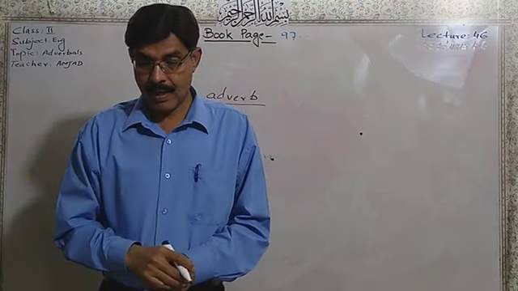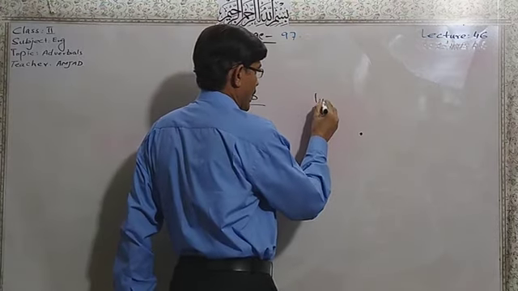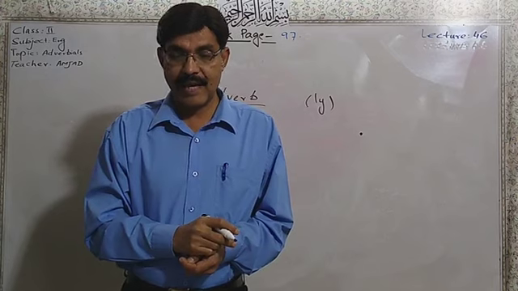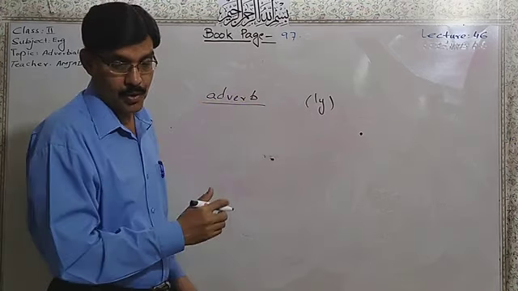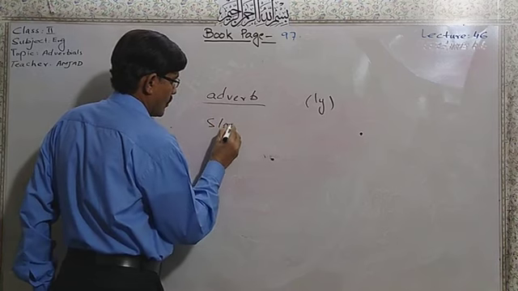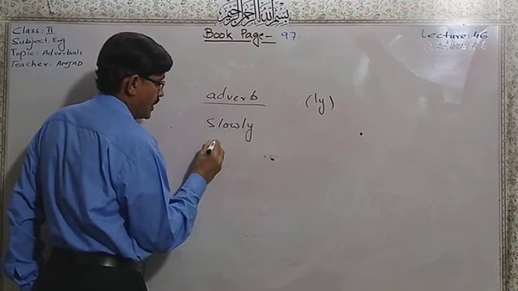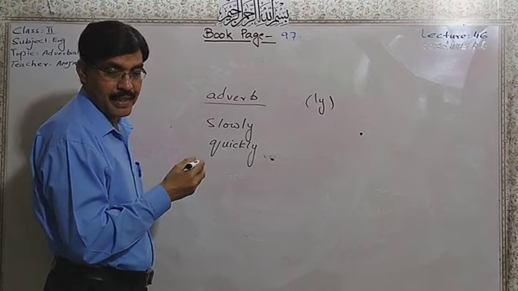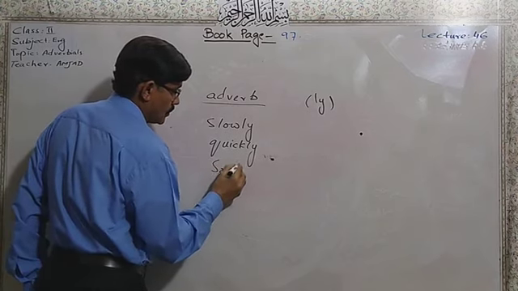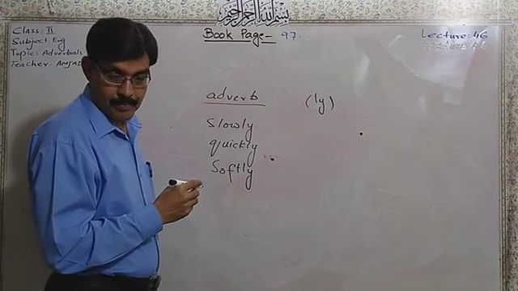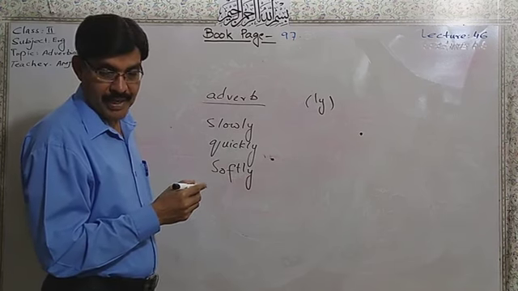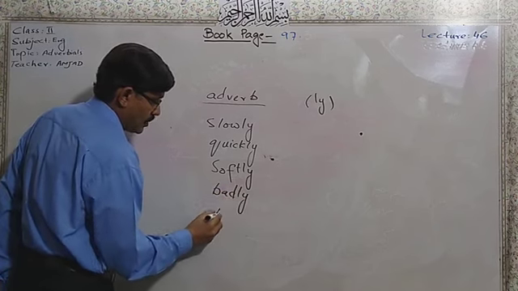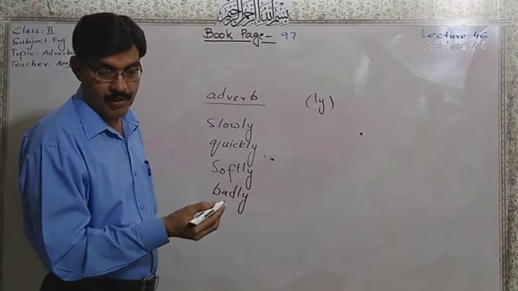When you have got ly at the end of the word, like slowly, quickly, rudely, softly, badly, and out of this one, backward or forward.